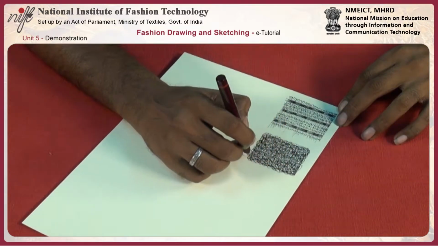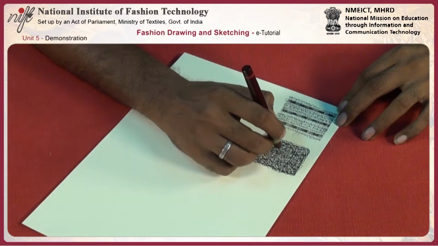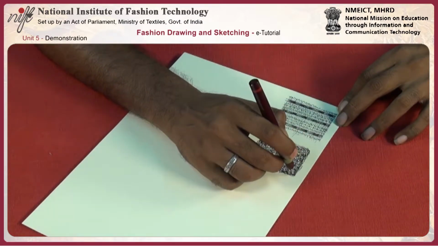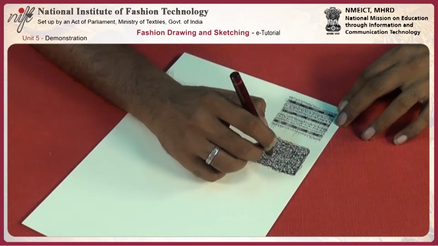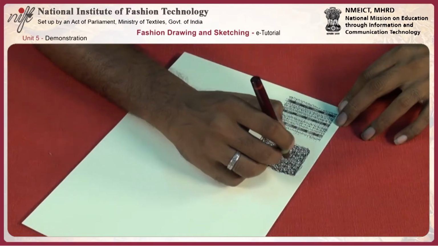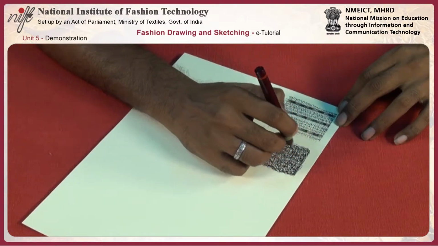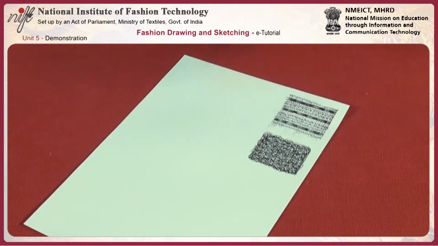You can see that the rendering already looks finished with just one line which I have drawn continuously throughout this rendering. This texture as it is might be used for various purposes like dress materials.